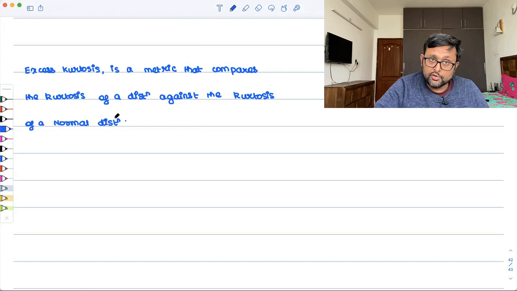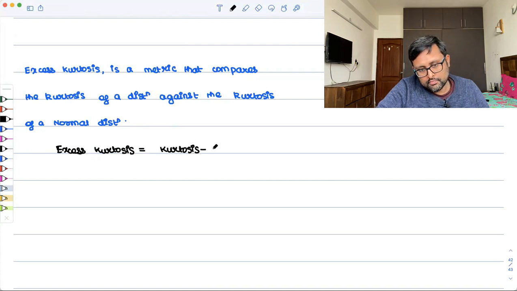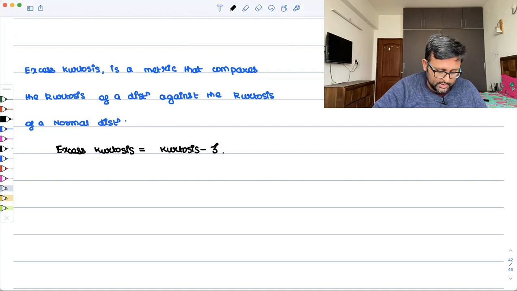So the kurtosis of the normal distribution is 3, and the excess kurtosis is the kurtosis of the distribution minus 3.